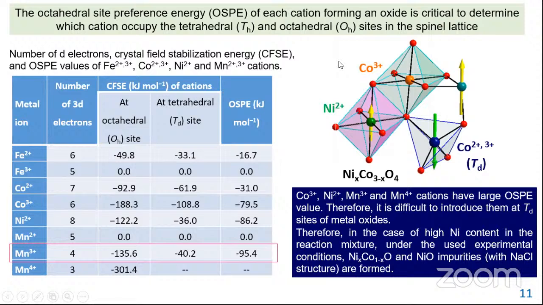To understand that, we must consider the octahedral site preference energy of the cations, and then we can arrange them in octahedral and tetrahedral sites accordingly.